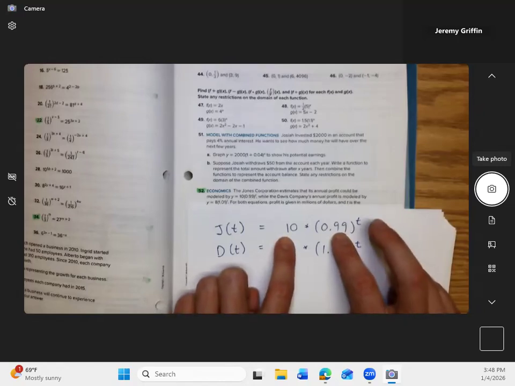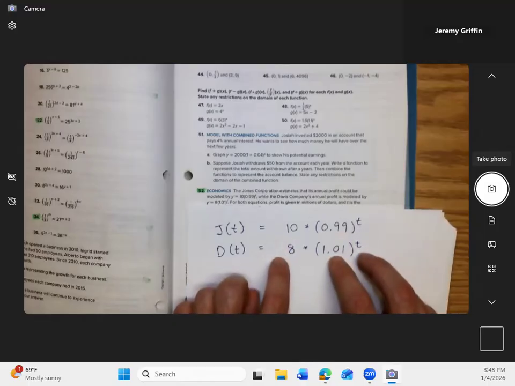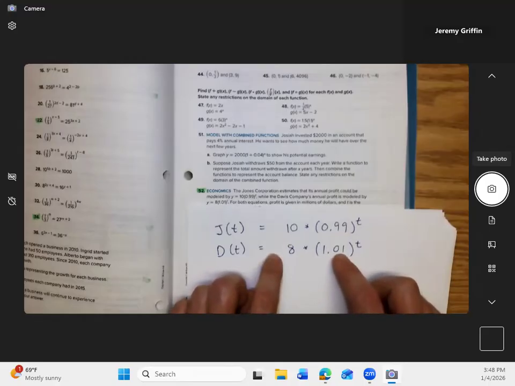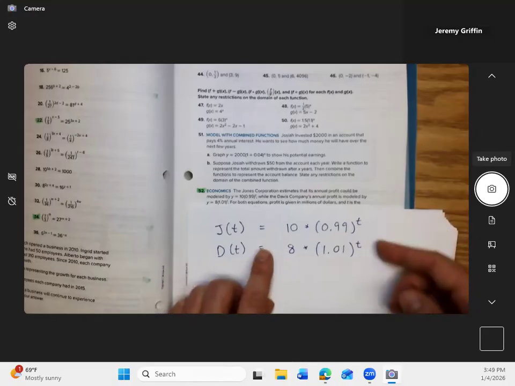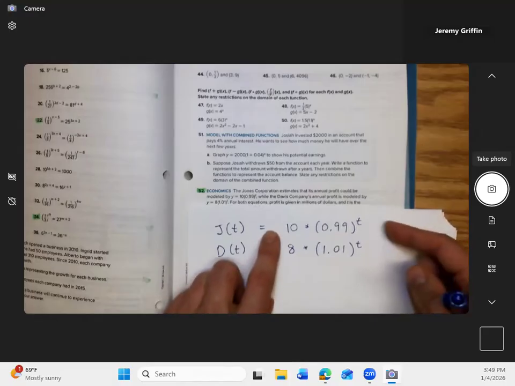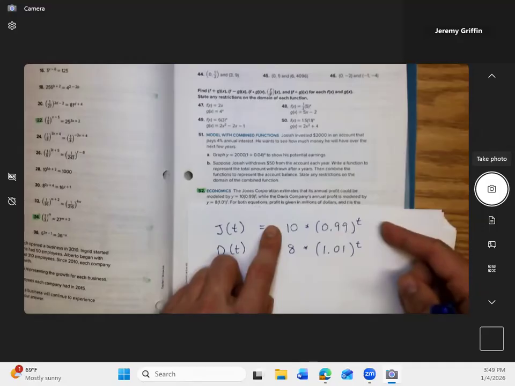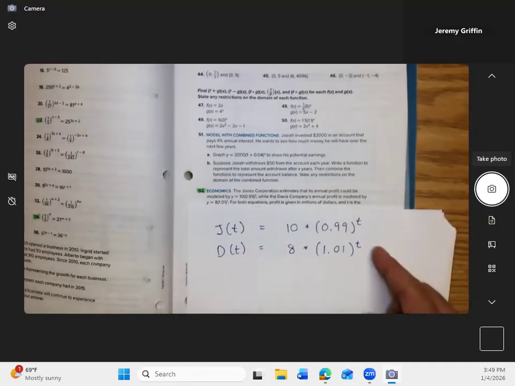After 1 year, it's less than $10 million. And the Davis profit has a growth rate of 1%, so it is growing. The next year would be a little more than 8 million. I bet if you ran enough time, these curves would cross and Davis would eventually become more profitable than Jones, because Jones is getting less profitable and Davis is getting more profitable.